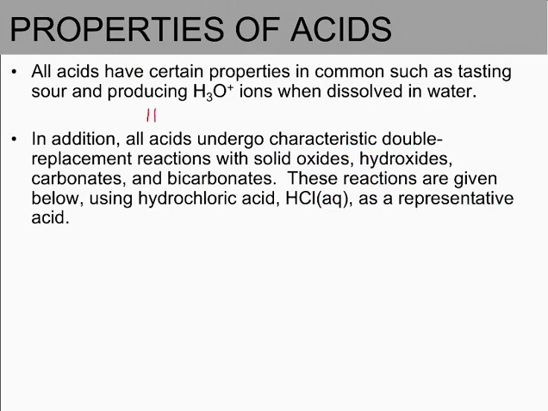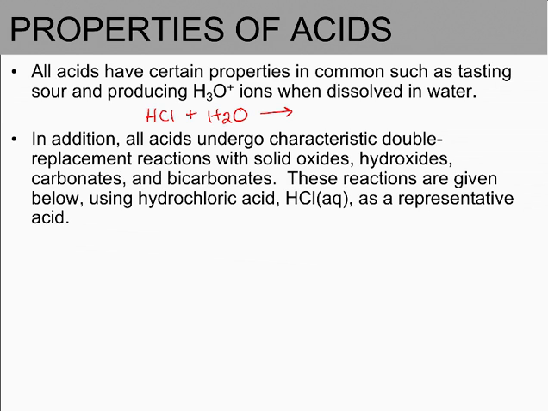As an example, if hydrochloric acid reacts with water, hydrochloric acid will act, of course, as an acid, it's in the name, and water will act as a base. Remember, acids donate hydrogen ions, and bases accept hydrogen ions.